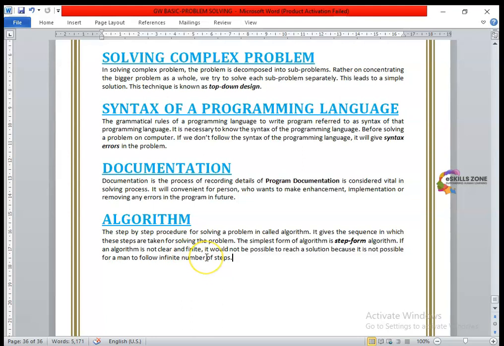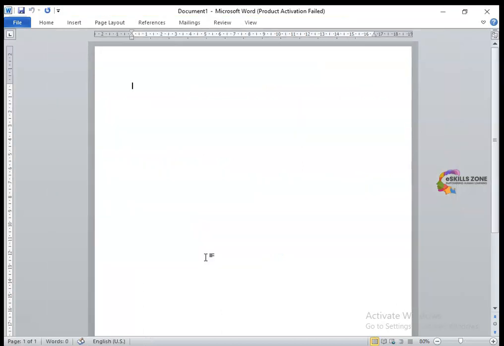If the number of steps is infinite, the problem can never be solved. So it is very important. I'm going to bold that: clear and finite. This is what we would like to highlight, that the algorithm should be finite and clear. If it is not, then one can never solve the problem easily and conveniently.